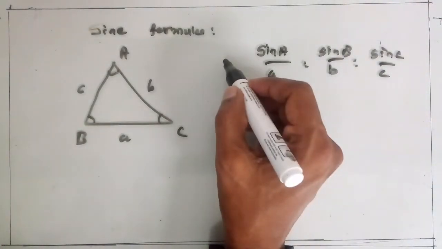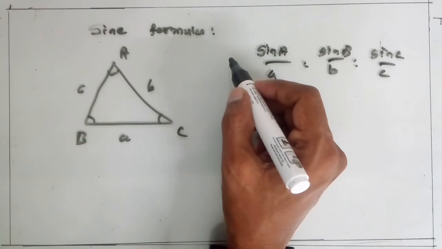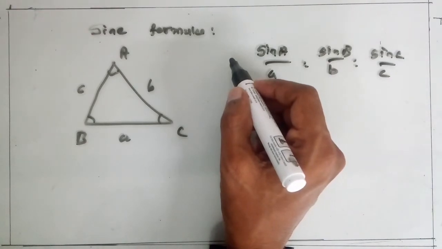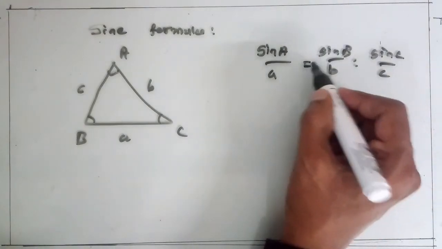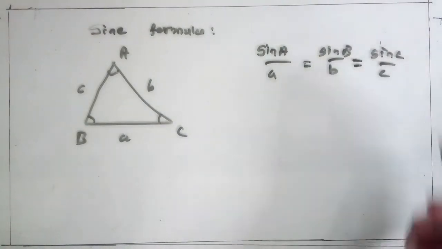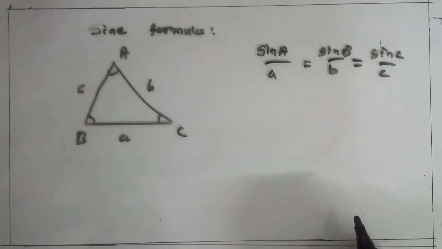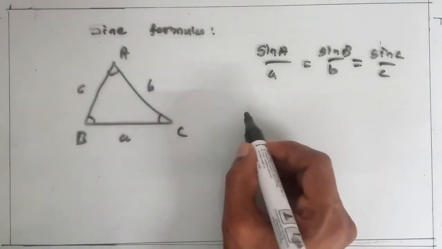This is the sine rule or sine formula. Without proof, we accept this formula: sin A upon a is equal to sin B upon b is equal to sin C upon c. Clear?